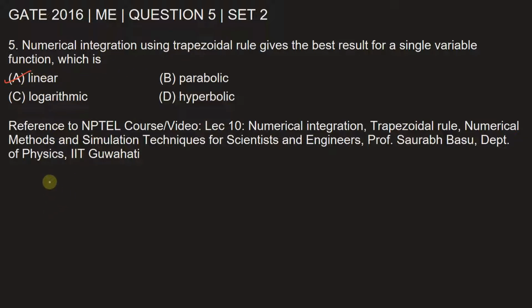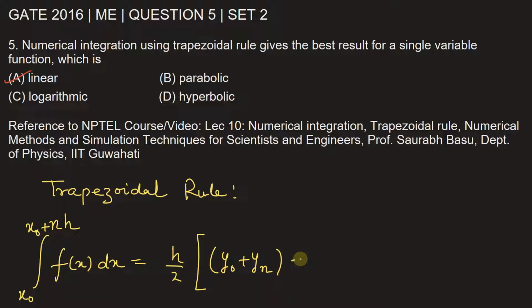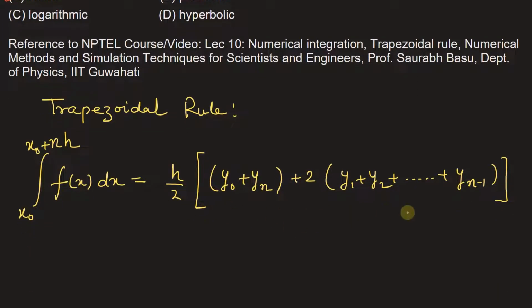Okay, so the trapezoidal rule of numerical integration says the integral from x0 to x0 plus n times h of f(x) dx is equal to h/2 multiplied by (y0 + yn + 2 times (y1 + y2 + up to yn-1)). Now if you take a closer look here, you will see that this is the summation of areas.